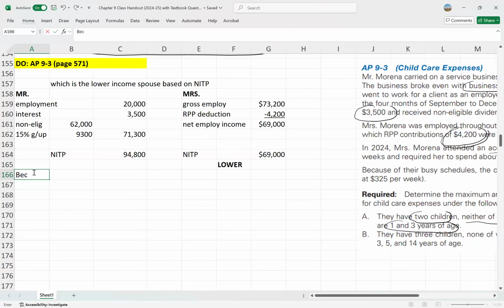So because Mrs. was in college, Mr. may claim some of the child care costs. So in this situation, we're going to work on his first.